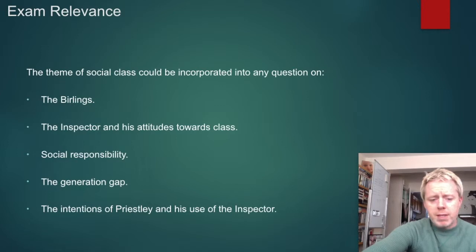The generation gap, the differing attitudes by the end of the play to how the upper classes should treat the lower classes. And a combination of all of those things, the intentions of Priestley and his use of the inspector. Okay, so that covers class.